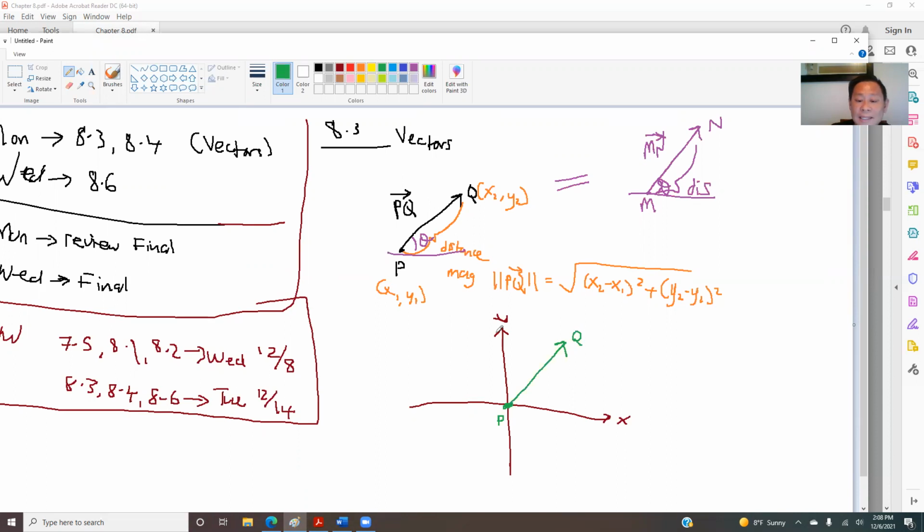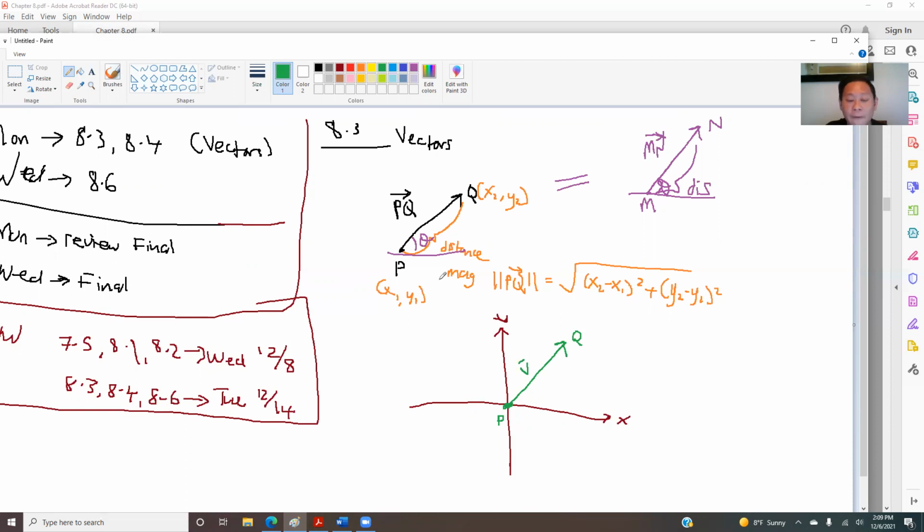If I translate this here, then this vector is no longer called PQ. This vector is called vector v. So when I put the initial point, where it starts, at 0, 0 in the xy coordinate plane, this is called a vector v in this case.